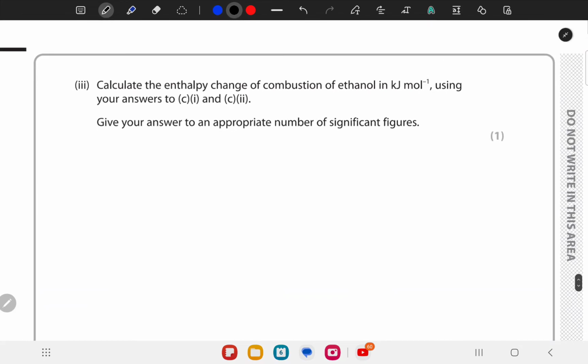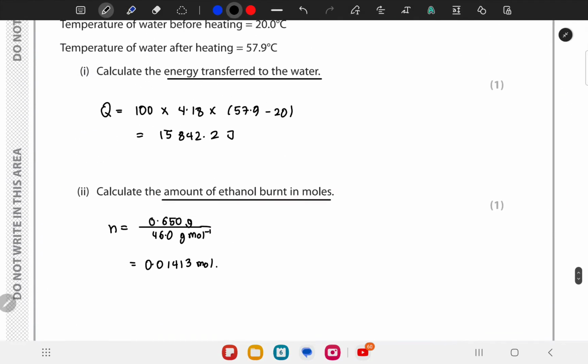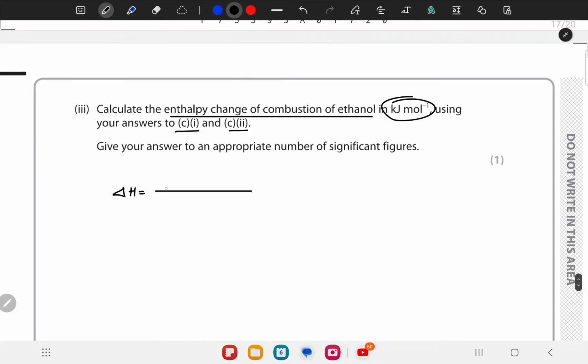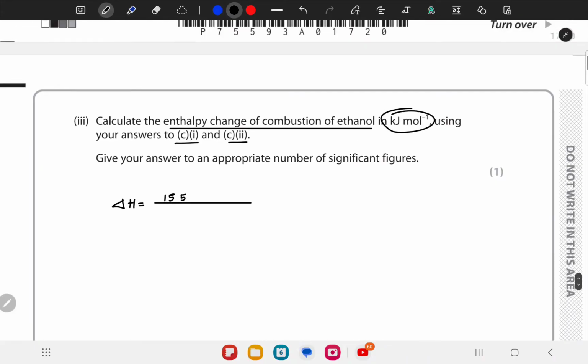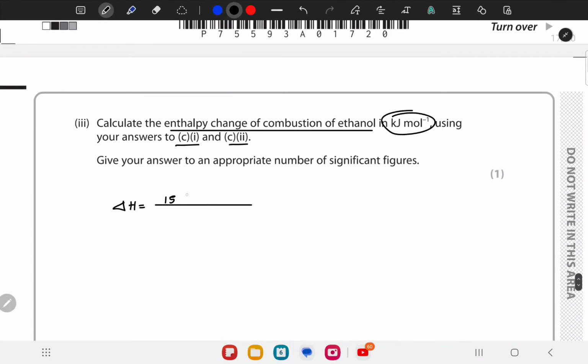Now in part C3, we have to use our answers to C1 and C2 to find the enthalpy change of combustion in kilojoule per mole. So delta H would be Q by n. The energy transferred is in joules. We have to convert this into kilojoules before we put it over here.